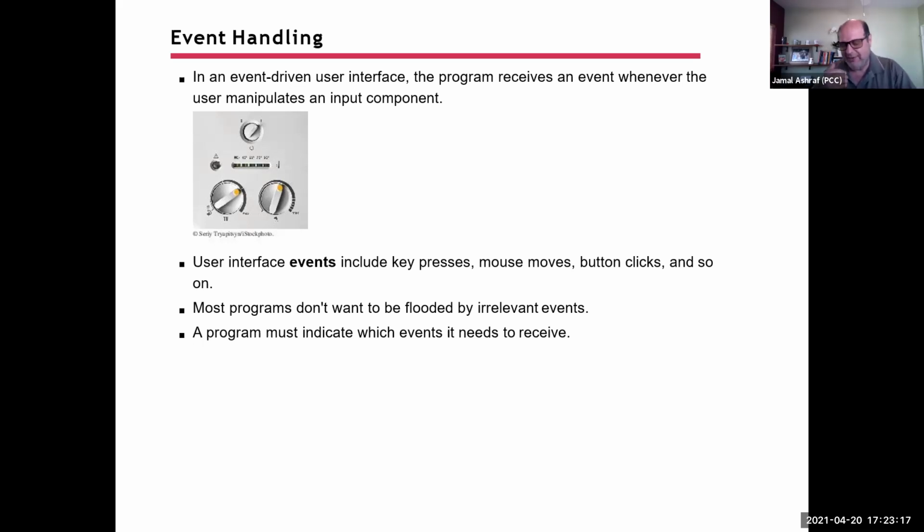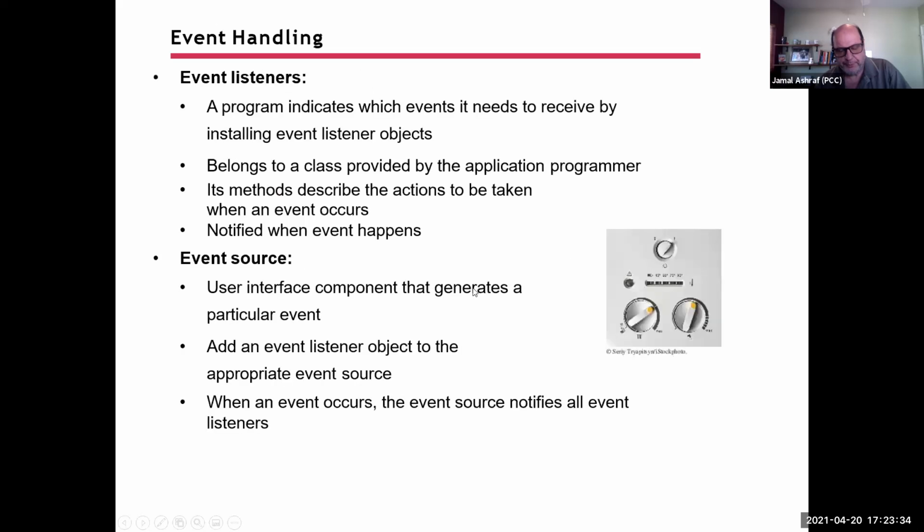So if I bring my mouse over a button, that's the event. Now, based on that event, I can do something. That's what we're going to be talking about in this chapter. If there is an event happening, we're going to have some kind of listening to it.